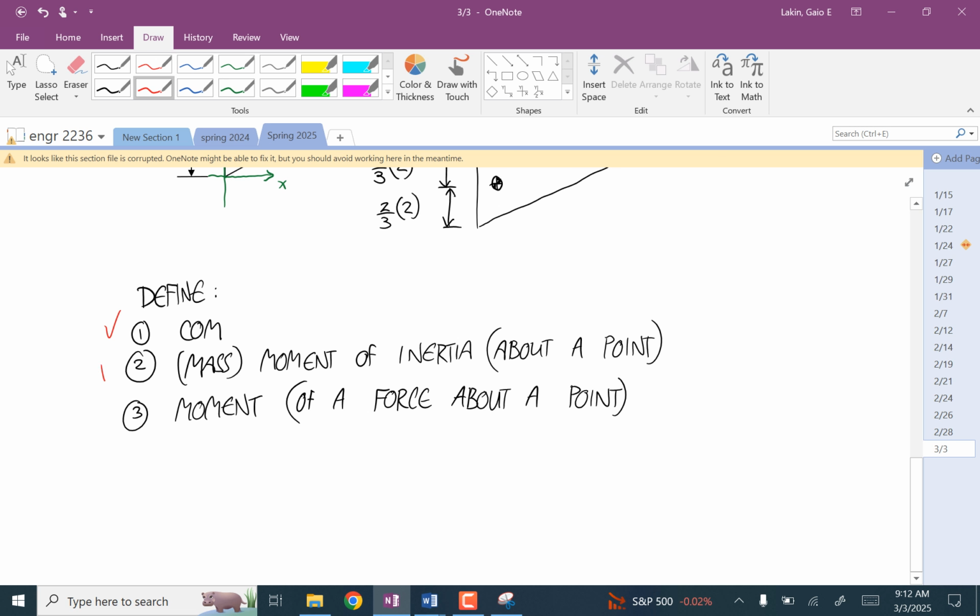We've talked about the first two, so now we're talking about the moment. When I talk about it out loud, I just call it a moment. Everybody does. But remember that this moment is defined by the force and the about point. So it's the moment of a force about a point.